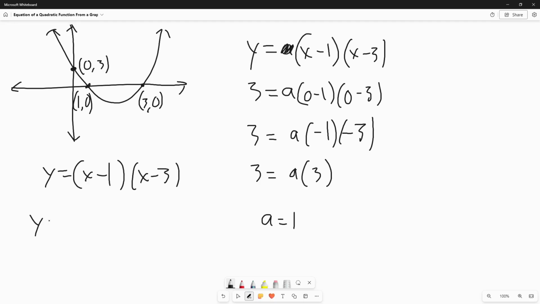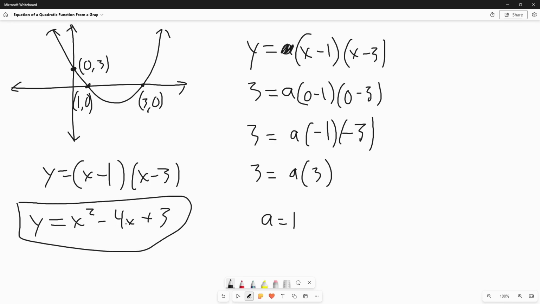And this is equal to y equals x squared minus 4x plus 3. And this is our answer. So what we did, again, since we know the zeros, we can just put it into factored form and then find a using a third point, which is our y-intercept in this case. And then we just FOIL this out into standard form.